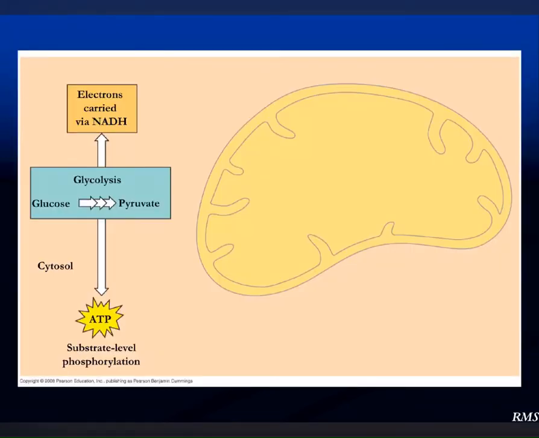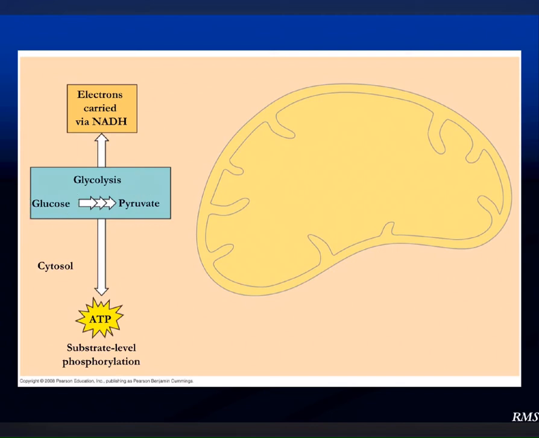Okay, so if we visualize these processes, we're going to start with glycolysis. And glycolysis is always the first step. So you don't have cellular respiration without first doing glycolysis. And this is happening in the cytoplasm. We're going to take a glucose molecule, convert it into 2 pyruvate.